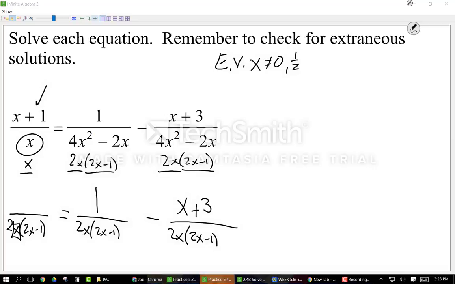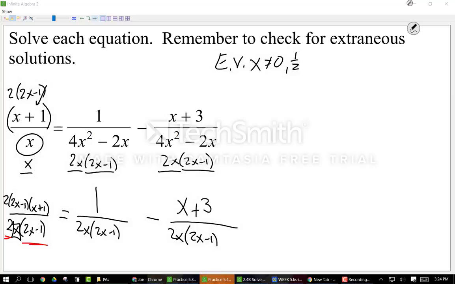What else changes? It's the 2 and then the 2x minus 1. So it's this little 2 here and the 2x minus 1 there. That is what I need to multiply this x plus 1 by. So 2 times the 2x minus 1. So I really get 2 times 2x minus 1 times the x plus 1 that's already there. So that's your second step.